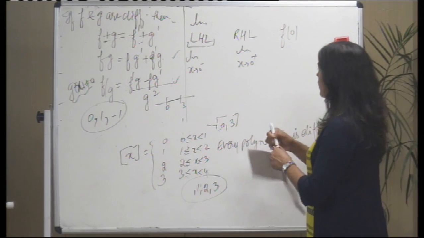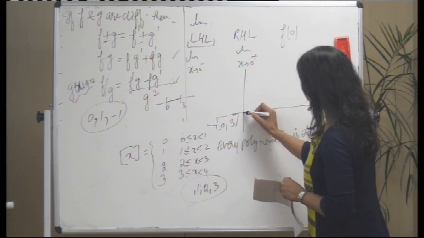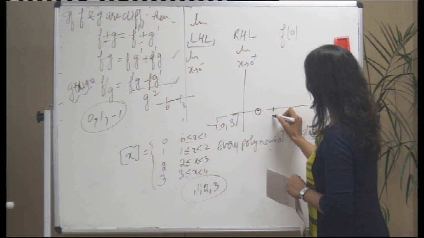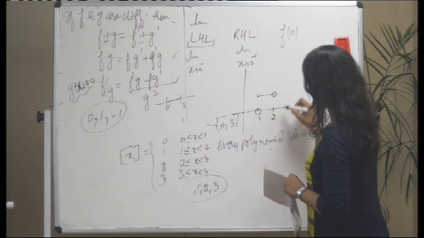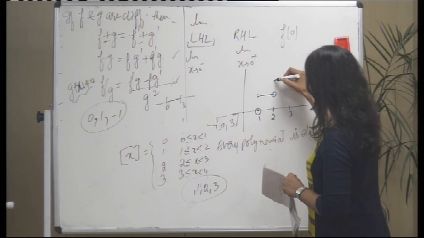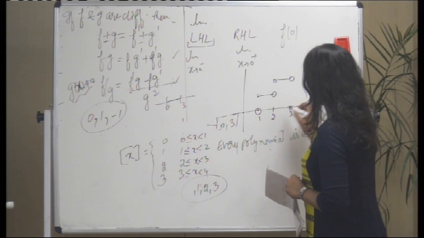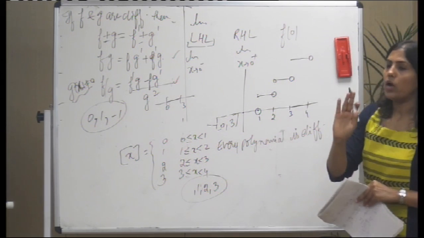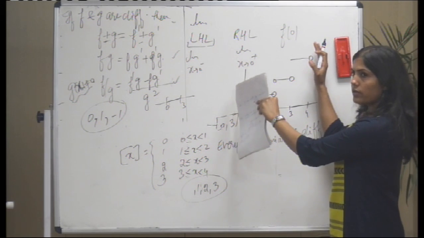So now you can also draw it, just draw this function. From 0 to 1 this is 0, then from 1 to 2 it is 1, here open, then from 2 to 3 it is 2. Now we are talking only in this interval, and I am asking you where this function is discontinuous.